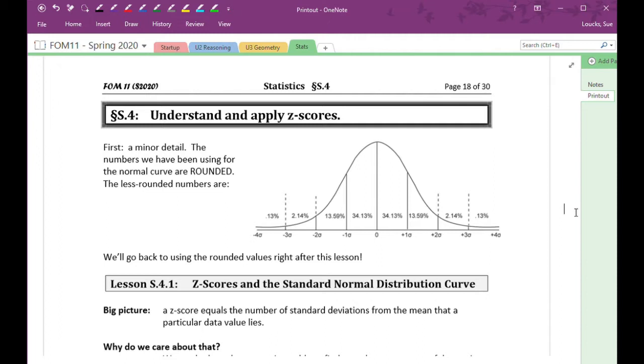First thing I want to say is a minor detail. When we've been talking about the normal curve, and we said that 34% of the data is in here and 34 is in here, and 13.5 and 2.35 out there, those numbers are rounded.